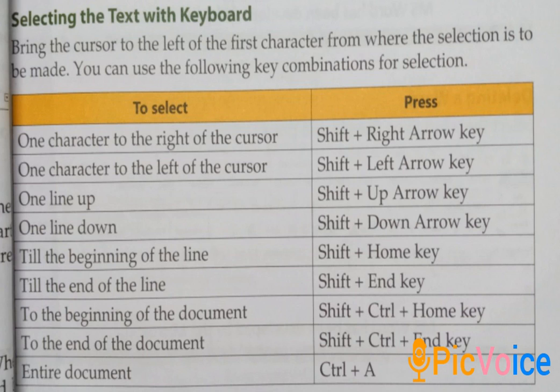One character to the left of the cursor, Shift plus left arrow key. One line up, Shift plus up arrow key. One line down, Shift plus down arrow key. Till the beginning of the line, Shift plus home key. Till the end of the line, Shift plus end key. To the beginning of the document, Shift plus Control plus home key.